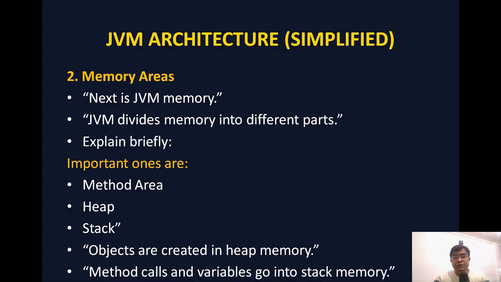So whenever you create an object, it is created in the heap memory. All the method calls and variables go into the stack memory. So whenever you call any method or variables, it is going to be in the stack memory. Different memory areas have different usage here.